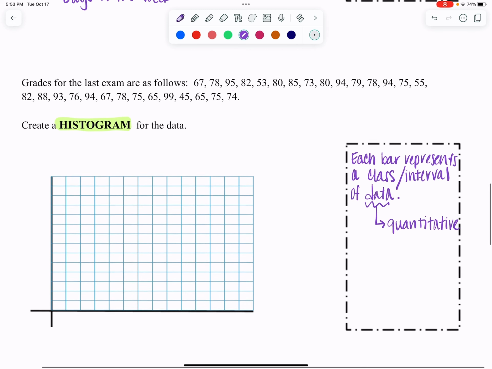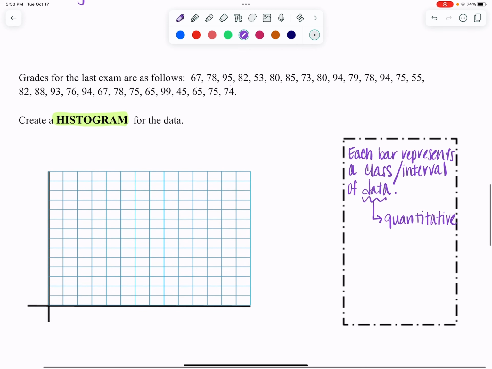Our data happens to be grades for the last 0300 exam. I've given you a list of them. They are not sorted. They're all mixed together. We need to figure out how we're going to make our histogram. So I'm going to look at probably our lowest and our highest scores.